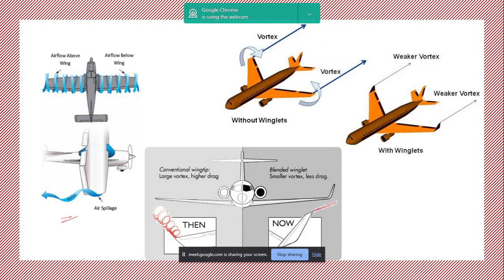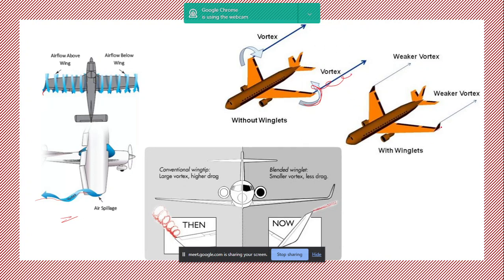Because of the interaction between the upper and lower surface airflow, you have vortices generated, and these vortices travel downward along the direction of the flow from the wing tips. If there are no winglets, this is a large vortex, because at one point suddenly both the flows interact and there is turbulence and a vortex is generated which travels downward.